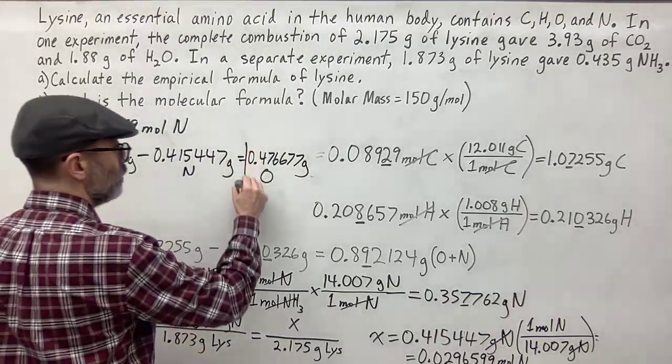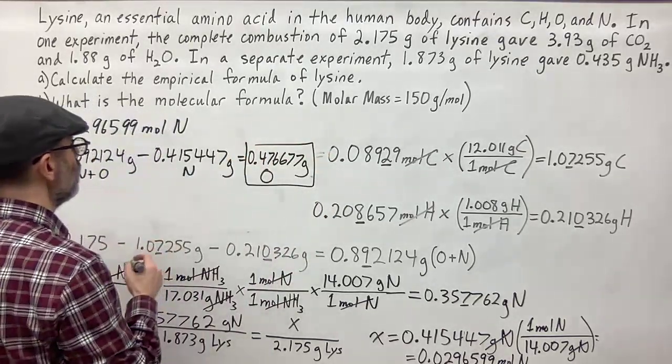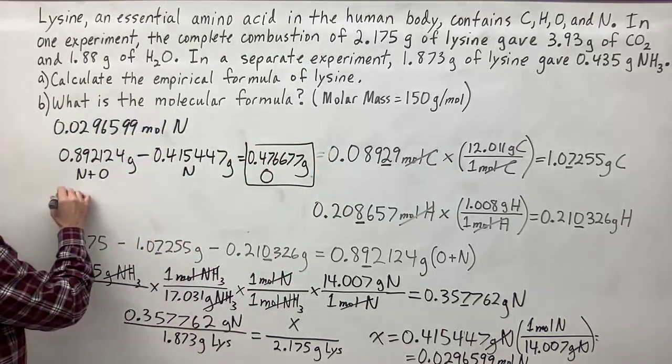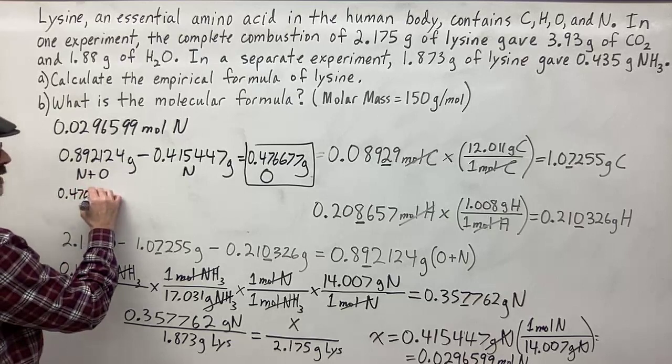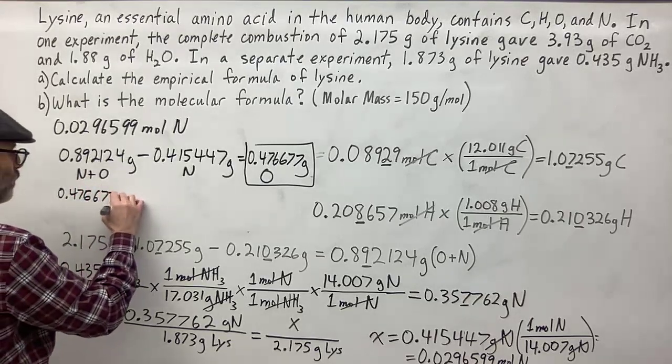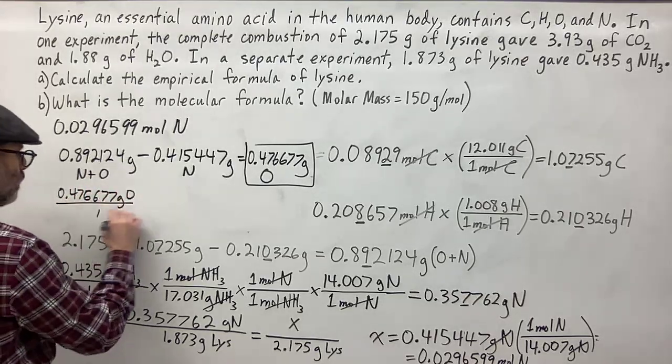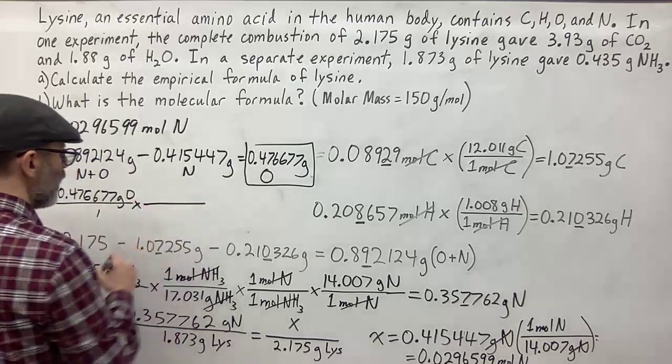So I have grams of oxygen here, and now I can convert that to moles. So I have 0.476677 grams of oxygen. I'm going to multiply that by the molar mass.